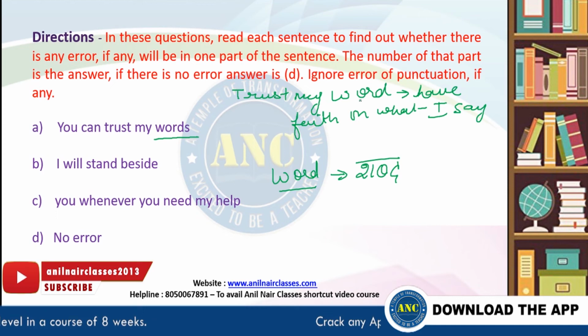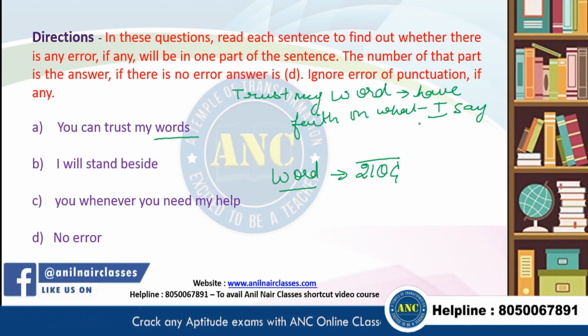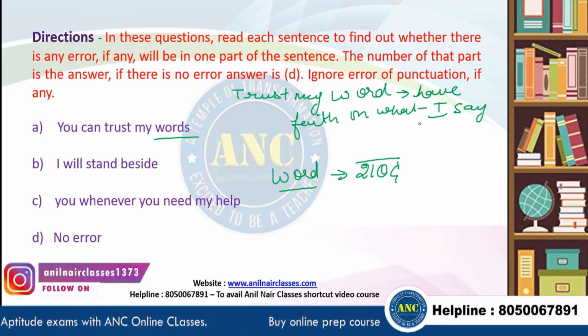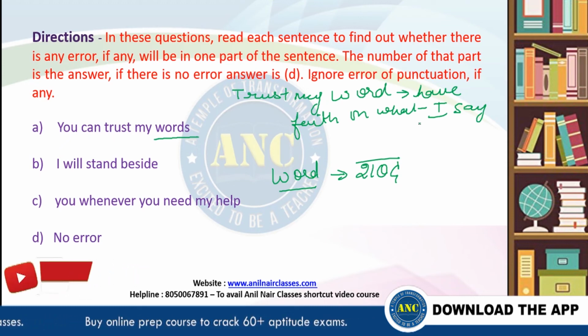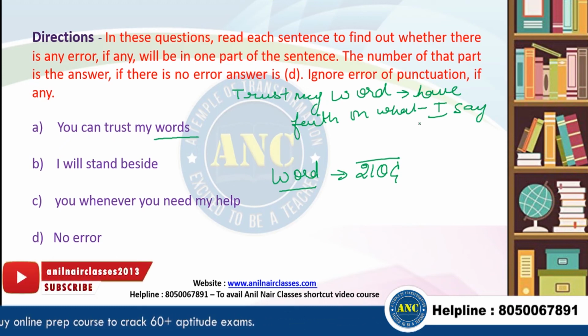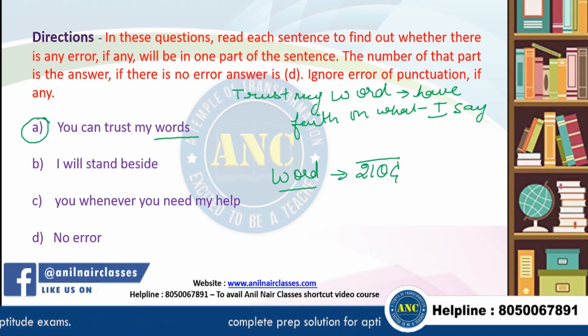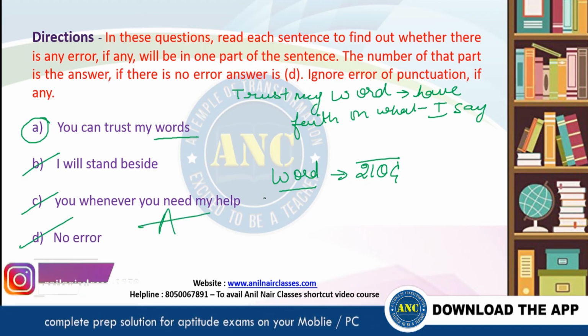But trust my words means have faith in whatever I say. If I say learn your rules, if your concepts are clear, you will be able to solve all the questions correctly, I say this and I say trust my word. I'll never say trust my words. It's a phrase. We say it like that only. We never say trust my words. So there is an error over here. We can get rid of B, C and D and your right answer is A.